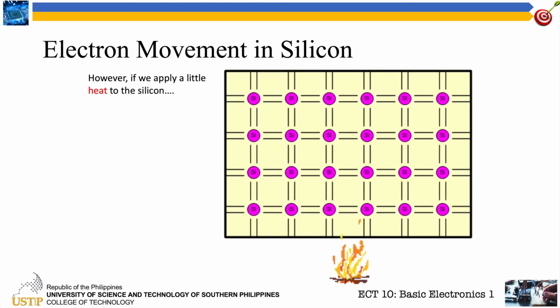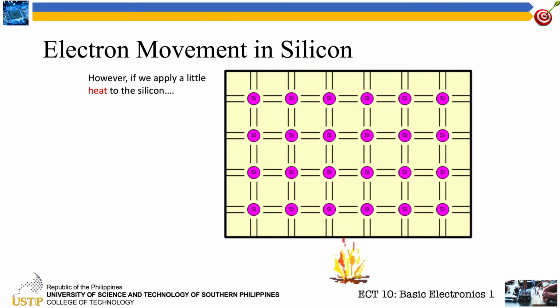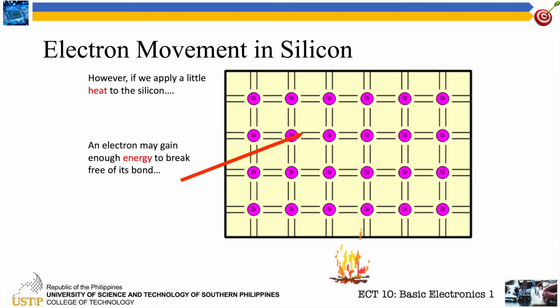And you have the bond. Very bare, cold, insulator. We apply a little heat. Try to observe what happened to our bond. It broke. There's a break of bond. Therefore, this one free electron will now move around.